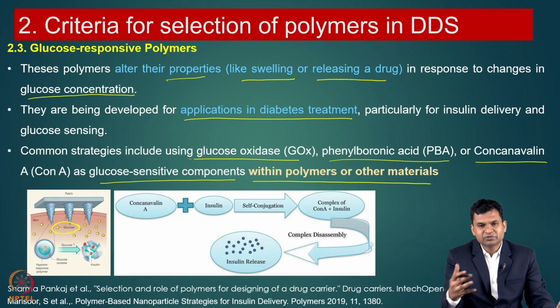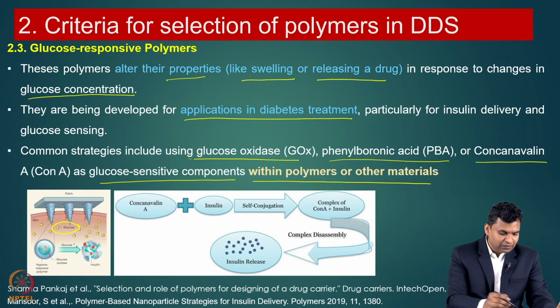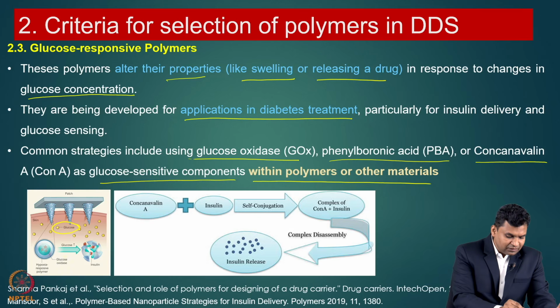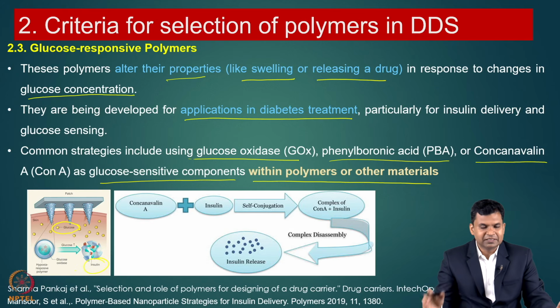the drug by various mechanisms, and you will see here after response with the glucose, you will see the release of insulin from the delivery systems. So, with this we can make regulated or controlled systems with the glucose responsive polymers.